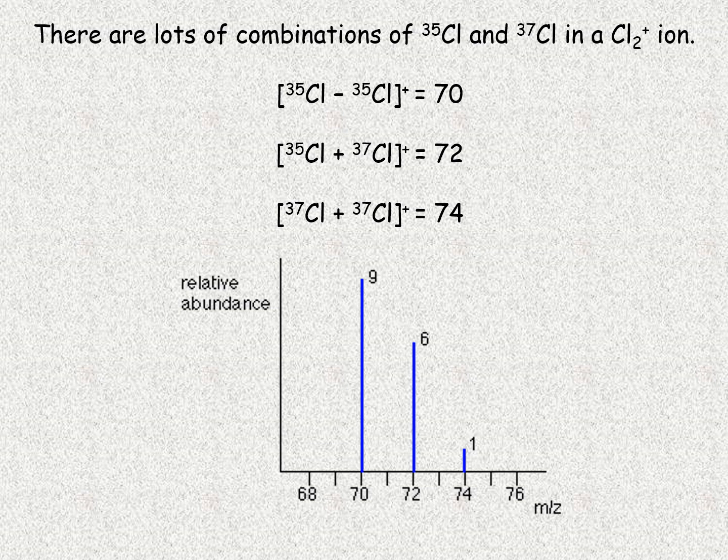So you need to know that there's that ratio of the chlorines, but we need to be able to explain it as well. So if you remember, we said that 3/4 of all the chlorine in the world exists in chlorine 35. So the probability of combining two chlorine 35s together is 3/4 times 3/4, which is 9/16.